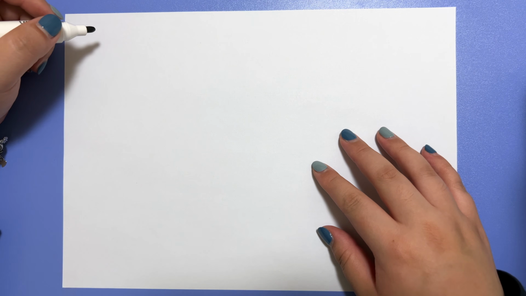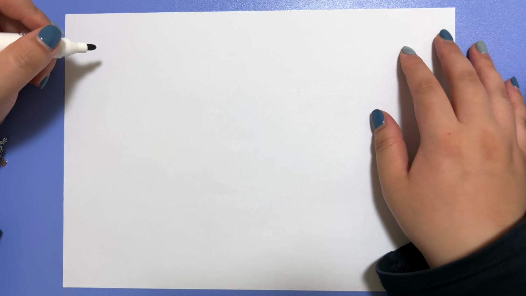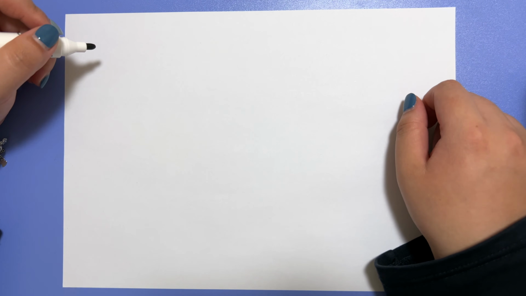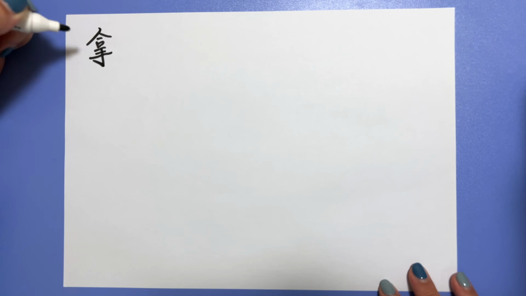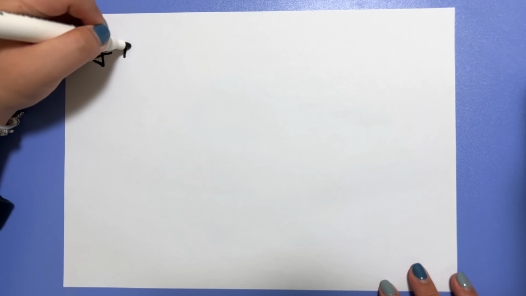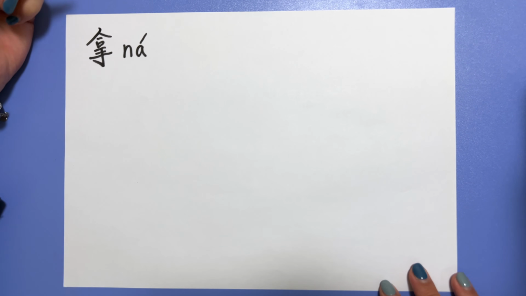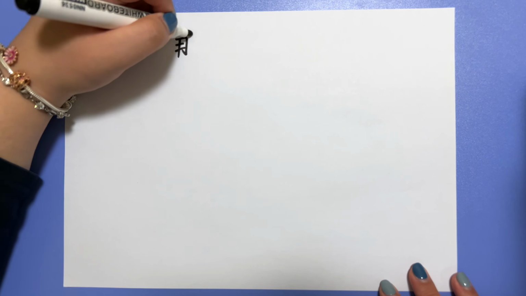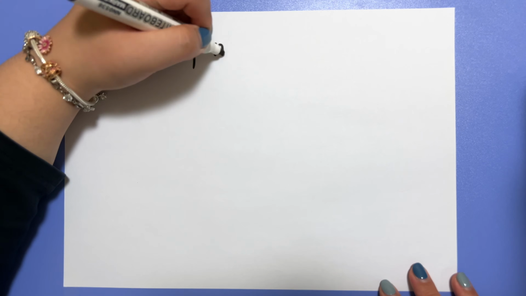First of all, Chinese is a tonal language, which means that we can use pitch to distinguish the meanings of the words. Like na, na, it means to hold, and na, it means that.